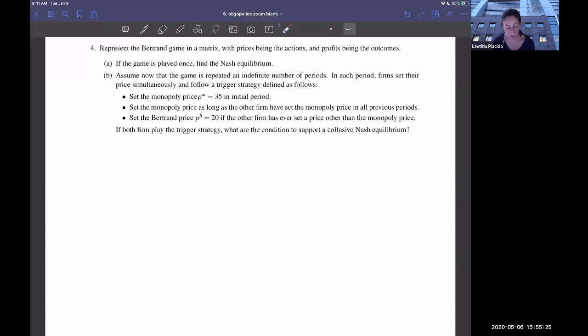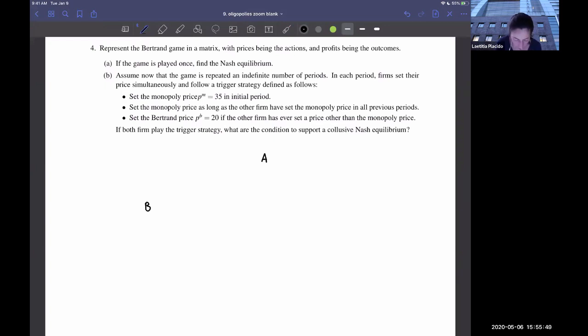We have calculated the profit they get if they coordinate on the monopolist equilibrium, and we have calculated the profit from deviation. So with all this information, we will be able to represent the matrix of the game. Let's say this is firm A, firm B, or whatever.